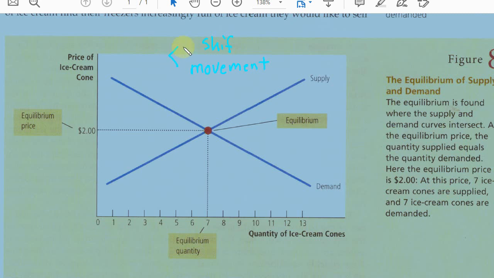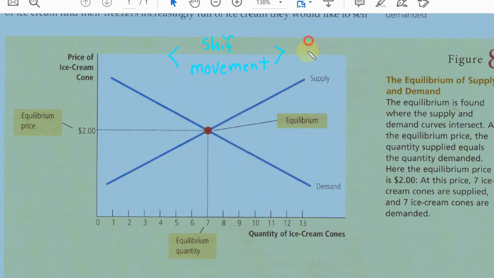We have two similar but distinctive words, shift and movement. We have to distinguish these two similar but different words.